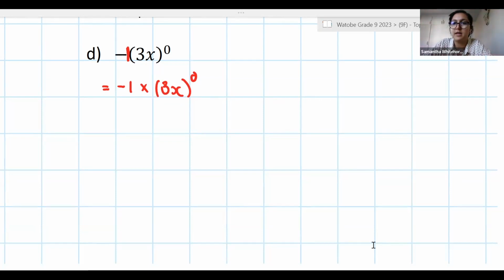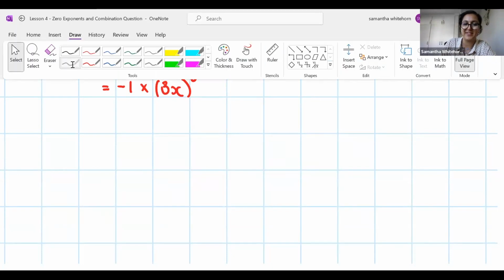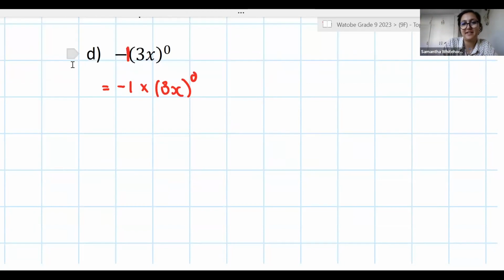Okay, I see some hands. Esther, do you want to help me out? Yes, ma'am. Any non-zero expression raised to the power of 0 equals 1. Perfect. So the answer is -1. Excellent. Well done.